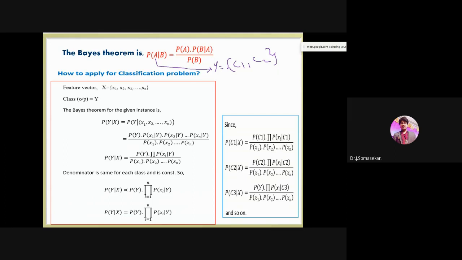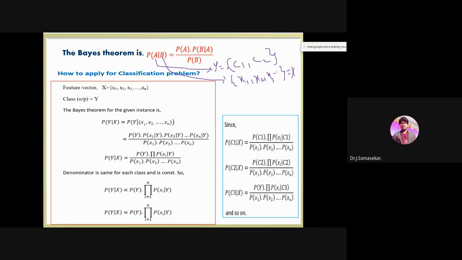And B is nothing but the features or attributes. So this is nothing but the feature vector. We can call them X1, X2 symptoms, as we can call them for healthcare data, X3, and so on, Xn. This is called capital B, so we can call it capital X. And this is capital Y. So in place of A, we are assuming capital Y, that is called class.